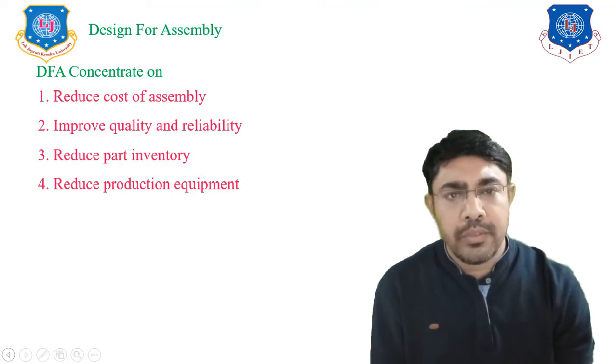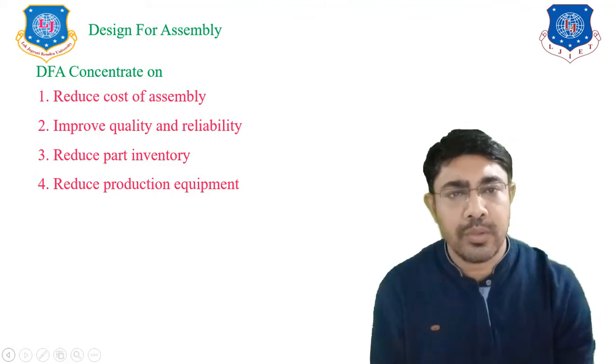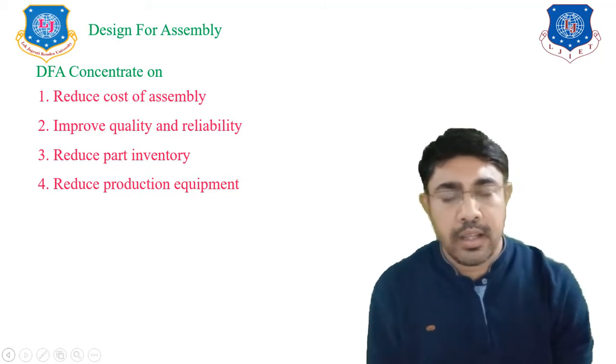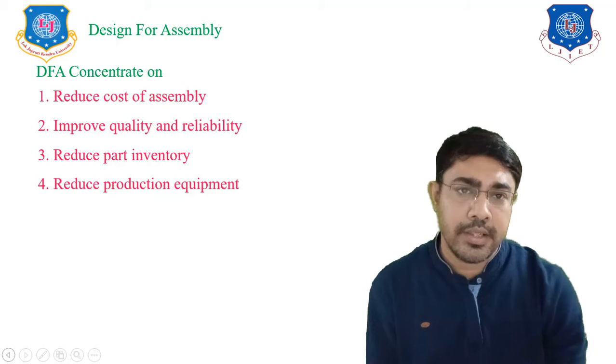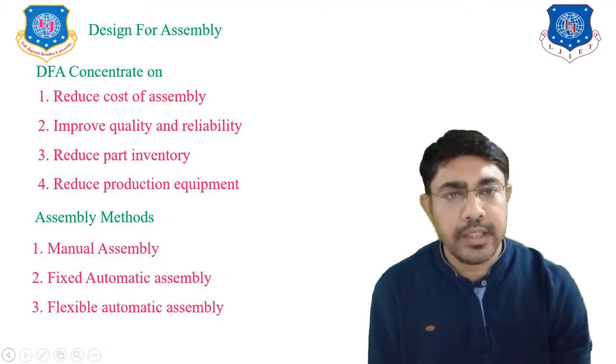If we have to learn design for assembly, we must know which methods are used for the assembly of components. So let's first understand the methods used for assembly. There are three methods.